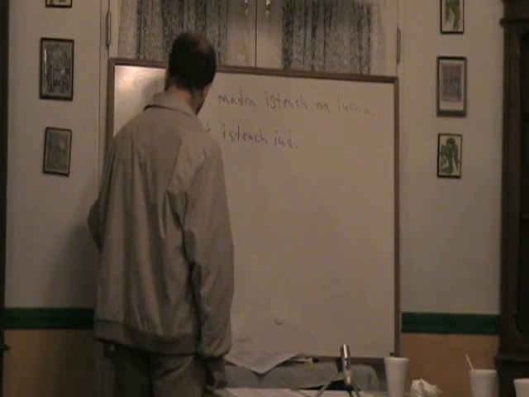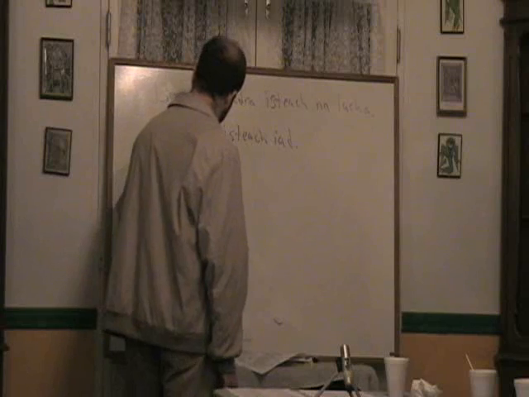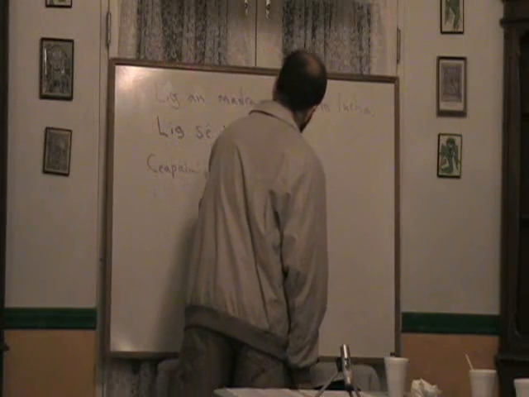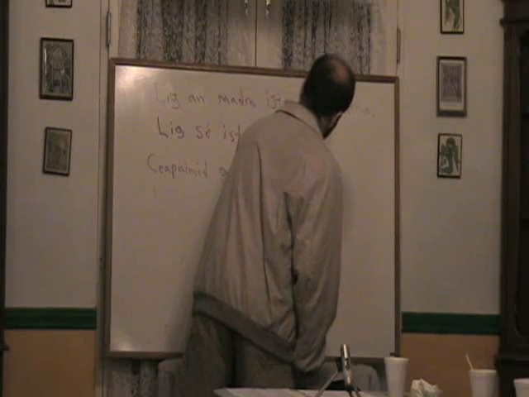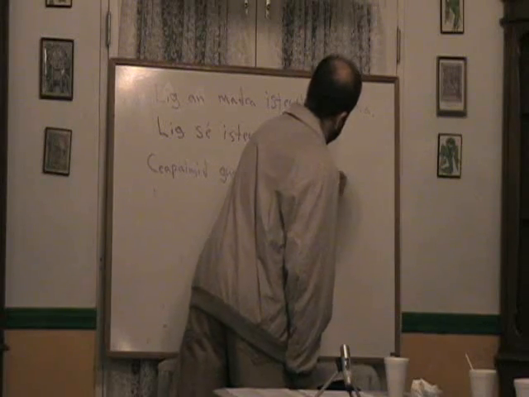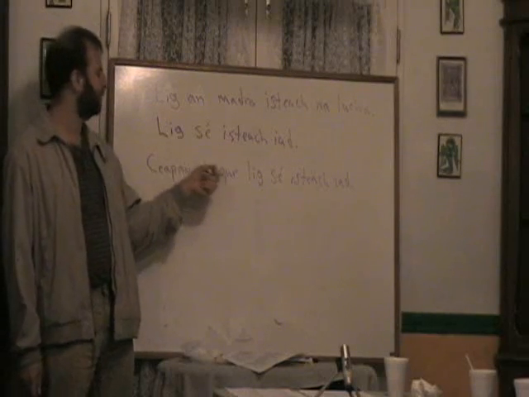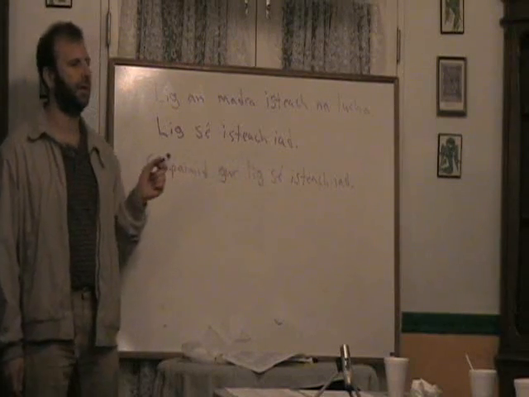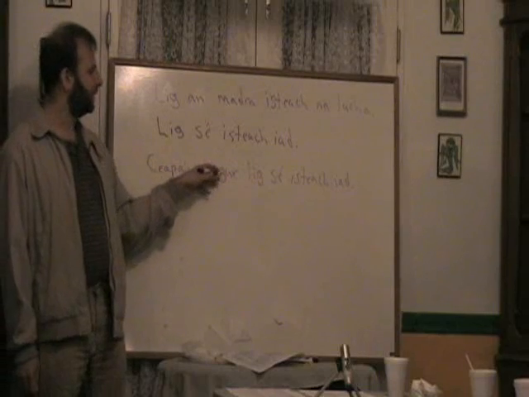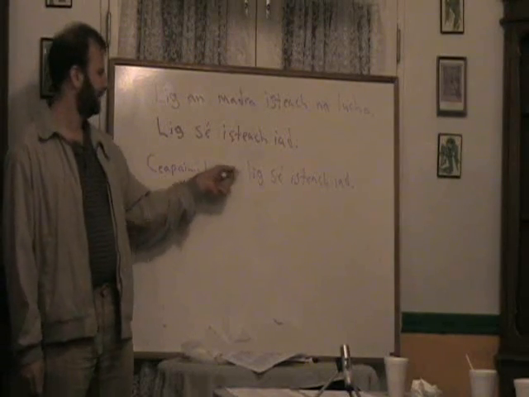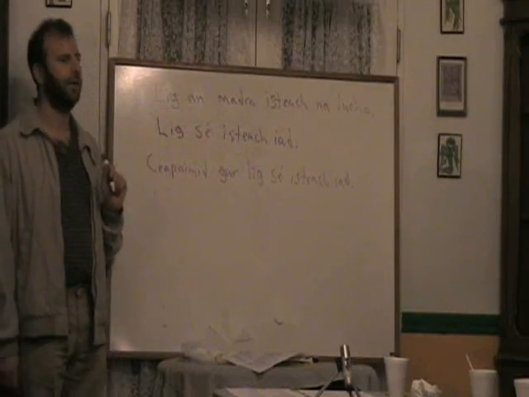Now we think that he let them in. Kapamij gur lig she is chachid. Okay? So kapamij gur means we think that something happened in the past. In this case, let them in. Okay?